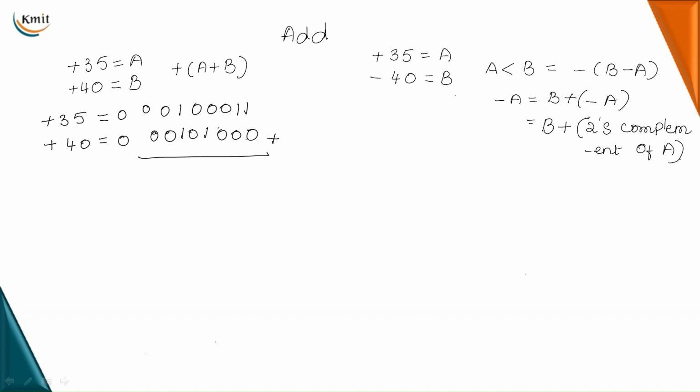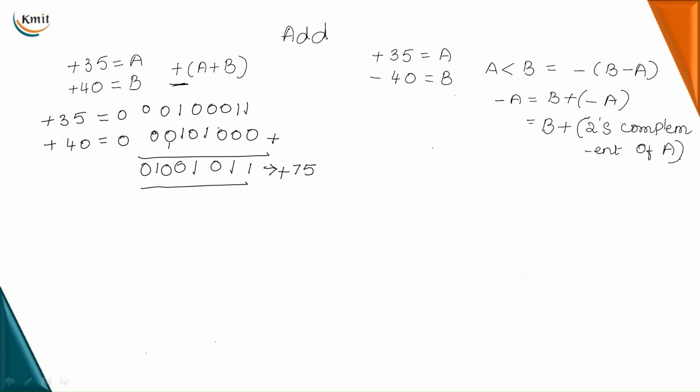Adding it: 1 plus 0 is 1, 1 plus 0 is 1, 0, 1 plus 1 is 1 0, 0 plus 0 is 0, 0 plus 1 is 1, and 0. If you convert this into decimal form, it is 75. And what is the sign here? As we know, the sign has to be plus. So this is plus 75. This is how you perform an addition operation on sign magnitude data.